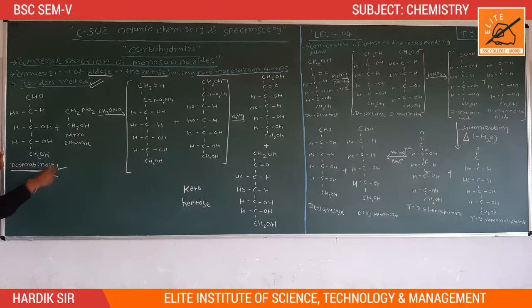D-arabinose is reacted with the nitroethanol. This is the structure of nitroethanol: CH2NO2, CH2OH.